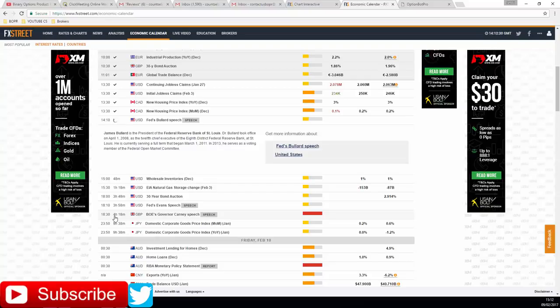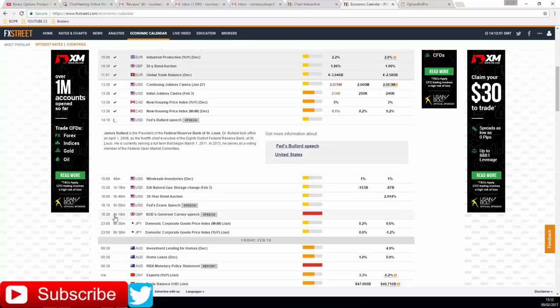Okay, not huge at all. They're not huge movements that are going to appear on any economic calendar because they're not important. But you do get the odd little movement. Just little things to help you guys, just little tiny things to help improve your chances of winning in binary options.